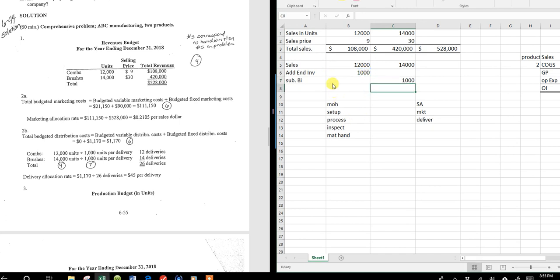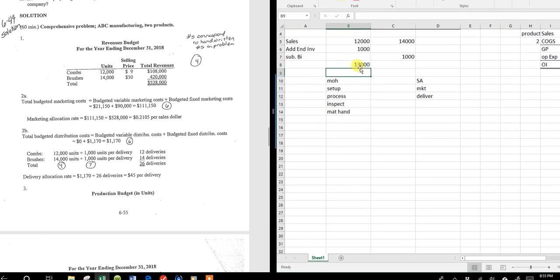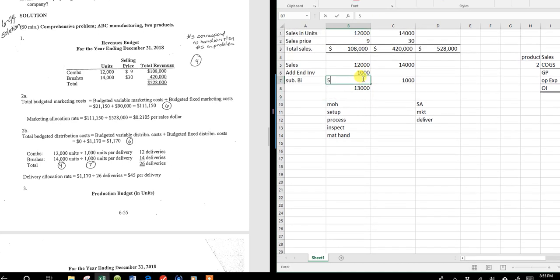Okay, so the setup for this thing is basically sales, add ending inventory, subtract beginning inventory, and that's my production. So if beginning inventory was 500, I'd need to produce 12,500. So I'm going to make what I sell, add some extra, but I don't need to remake them if I've already made them, and I get my ending.